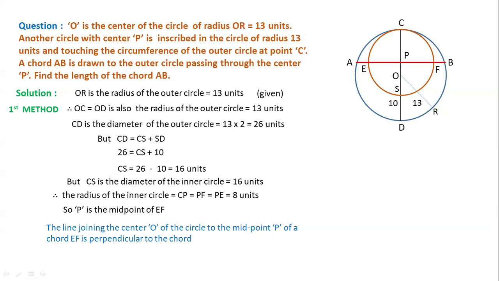Instead of writing the theorem, I just wrote it in relation with the figure. Center of the circle means O, midpoint of the chord is P, so therefore this OP must be perpendicular to the chord.